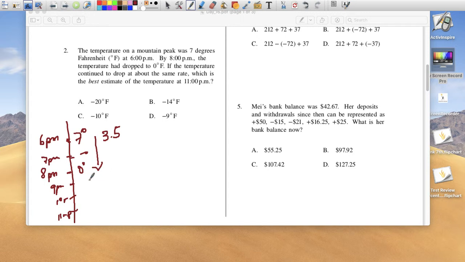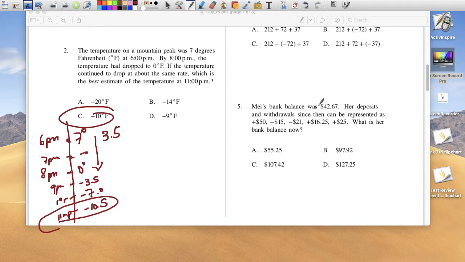At 9 p.m. it's going to drop another 3.5 degrees, so it would be negative 3.5 degrees. At 10 p.m. it's going to drop another 3.5, so now we're at negative 7. And then at 11 p.m. it drops another 3.5, which makes us negative 10.5. So at around 11 o'clock, your temperature should be around here.